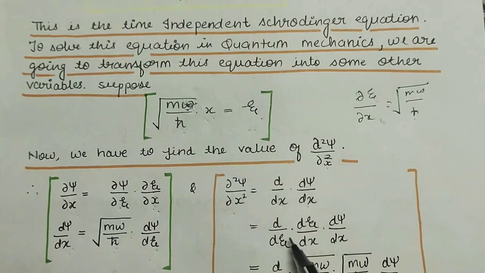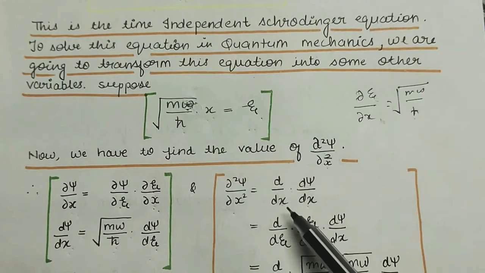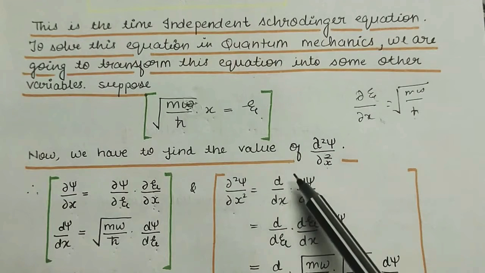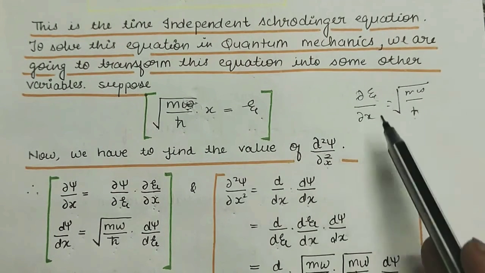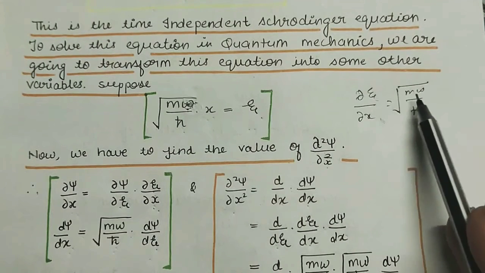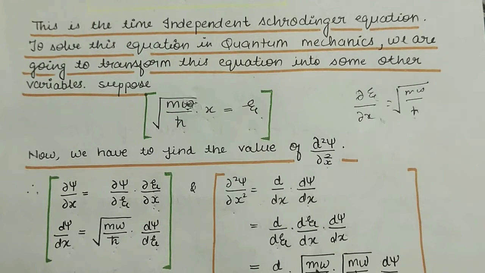Here I can multiply by del xi and del xi, so it can be expressed as del upon del xi and del xi upon del x. So del by del xi is as it is, del xi by del x is the square root of m omega upon h cross, so I can write it here. The value of del psi by del x is as it is from here.